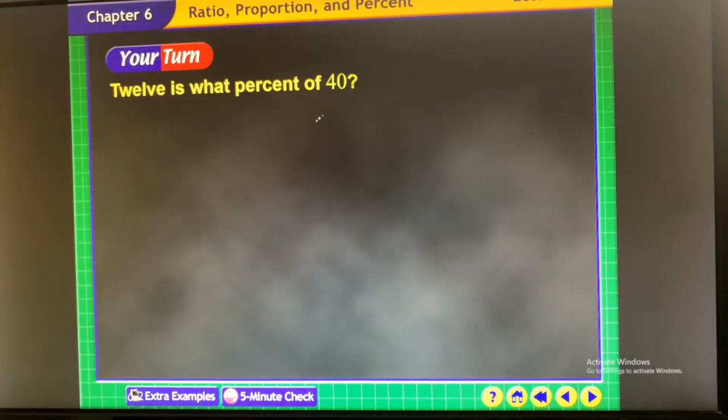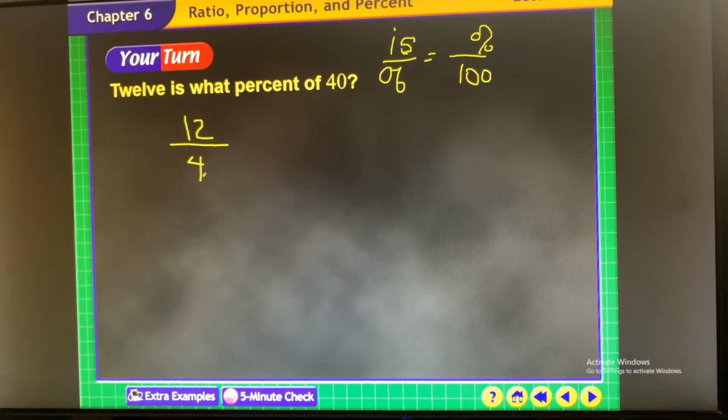Again, is over of equals percent over 100. Okay, so 12 is what percent of 40? That's 12, the part, over the base equals what percent over 100?